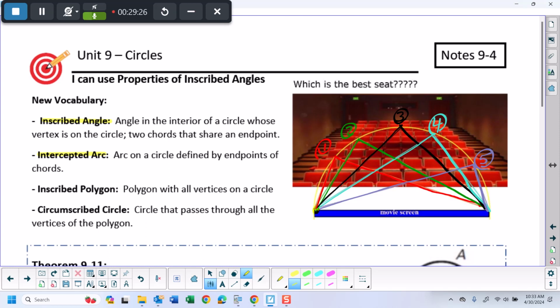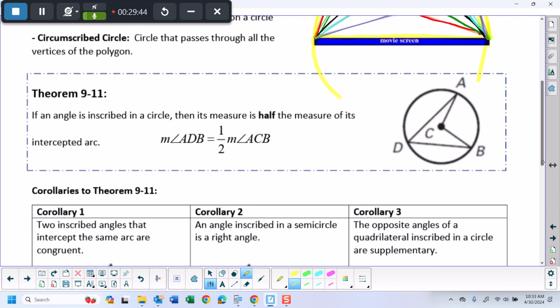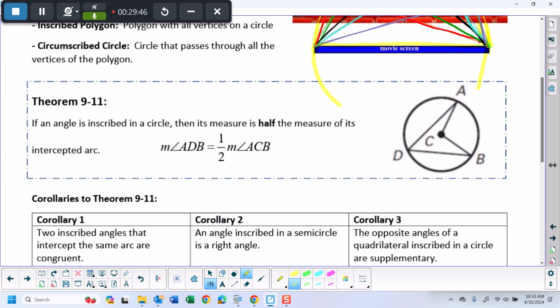And that intercepted arc is going to be this whole conversation around one face and then the other half of that circle around the other. If I have an inscribed angle in a circle, its measure is half of the arc.